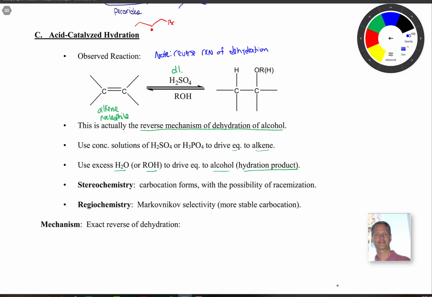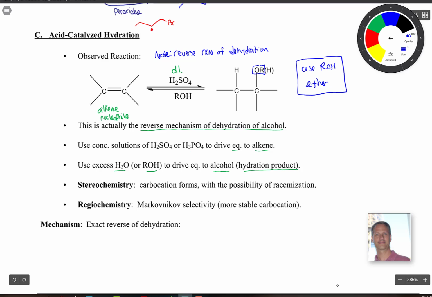So if we use an alcohol, ROH, then we end up forming an OR group there. And an OR group gives us an ether. So if we use ROH, right, so CH3OH, so on and so forth, what we get is an ether. And the nice thing about that is this is a reaction in chapter 14 where we talk about ethers.